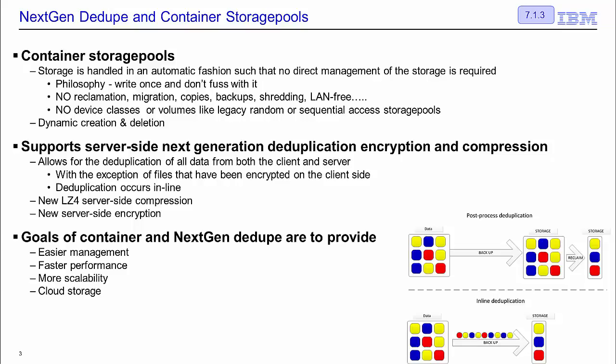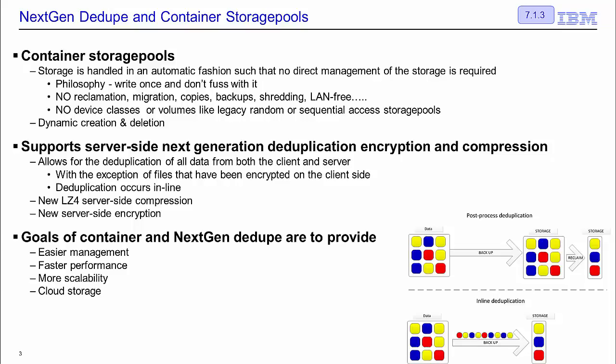The containers themselves are handling storage in an automatic fashion so that we don't have to directly manage that storage. So basically, we're going to write it once, and then we're not going to fuss with the data that's out there. So this gets rid of things like reclamation, migrations, copies, shredding, and LAN-free.